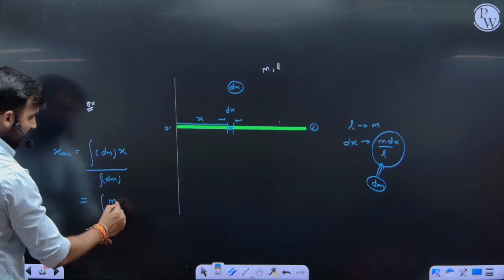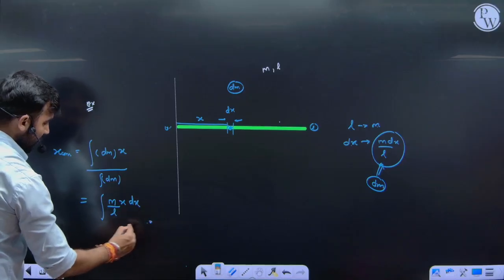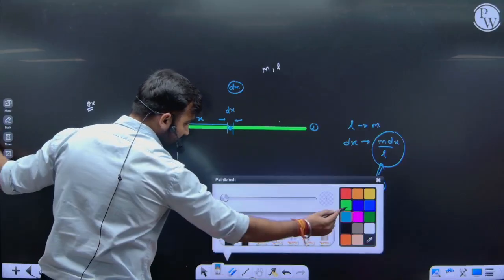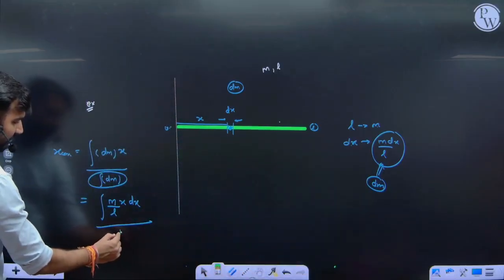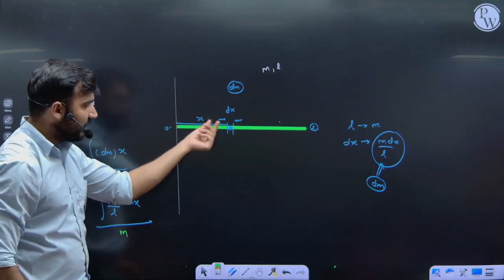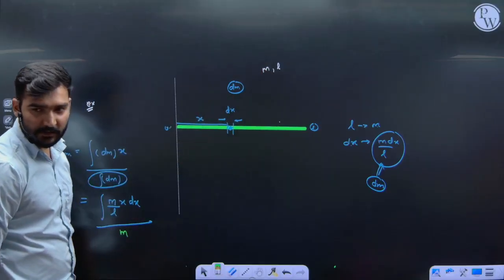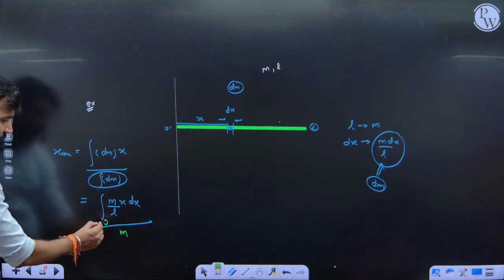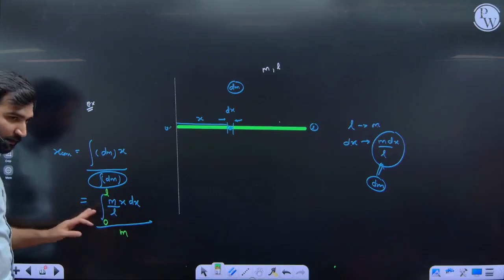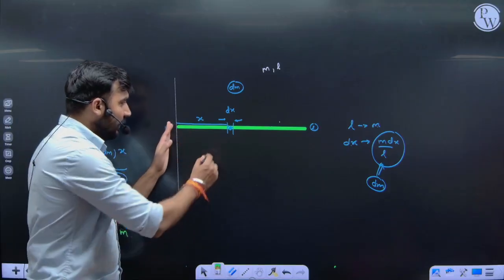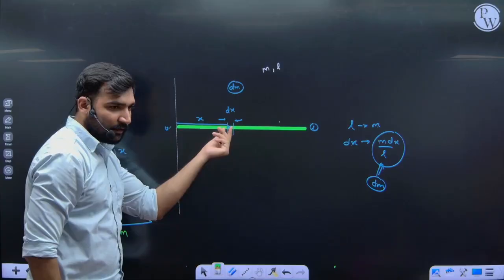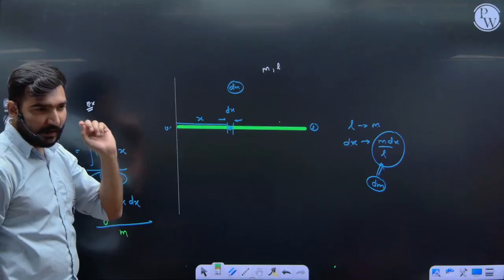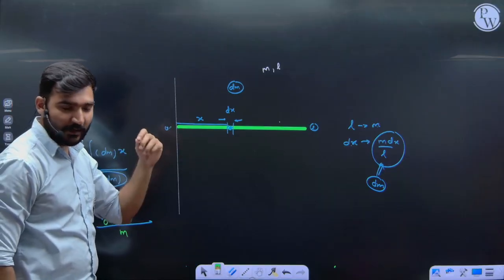So I am writing this x and now dx. What can you write for integration dm? Simple: the total mass m, which is given in the question. From where to where are you integrating? 0 to L. It means in x distance I am going, this mass moment I calculated, not moment of inertia.